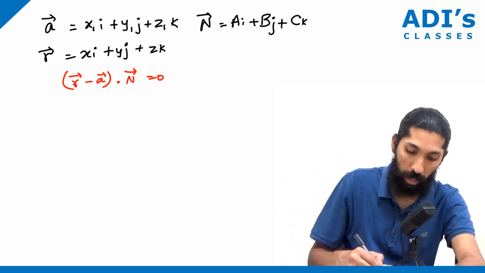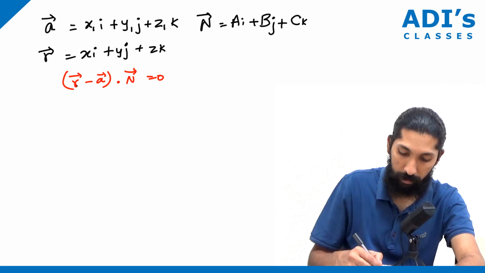Now substitute. R is xi plus yj plus zk and A is x1 i plus y1 j plus z1 k.